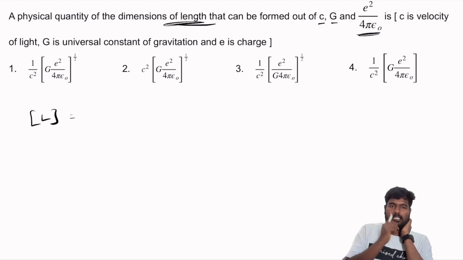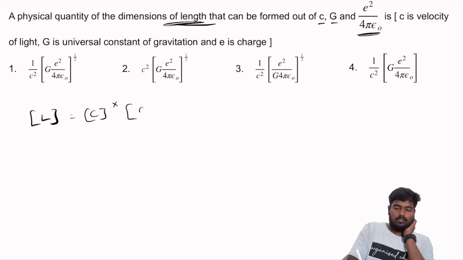Okay, so first let's solve mathematically. Some power of c, x, some power of G, y, and some power of e square by 4 pi epsilon naught, z.